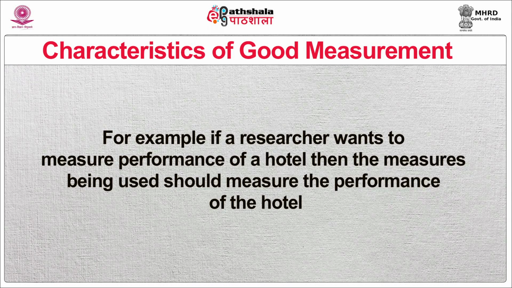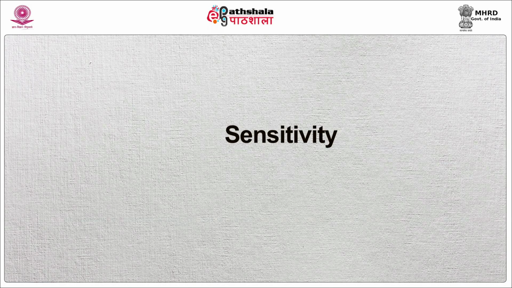For example, if a researcher wants to measure performance of a hotel, then the measures being used should measure the performance of the hotel. These measures can vary from sales to profitability, but the basis for choice should be in review of literature. The third aspect is the sensitivity.